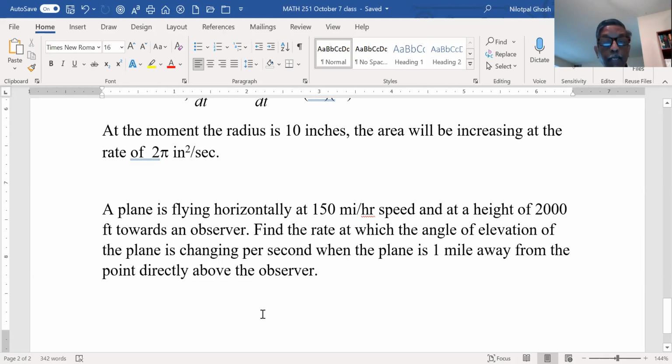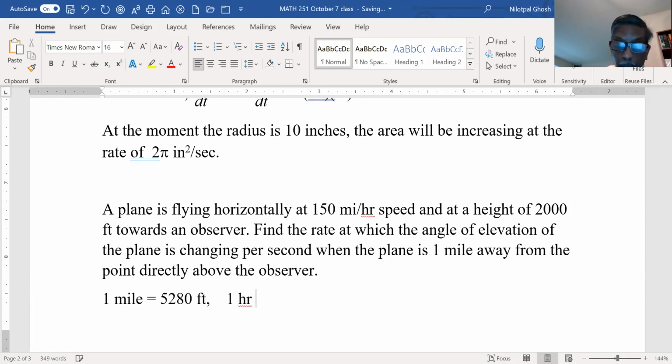Okay, so actually there are 5280 feet in 1 mile. So I'm going to just write down that thing. 1 mile equals 5280 feet. Also, 1 hour equals 3600 seconds.